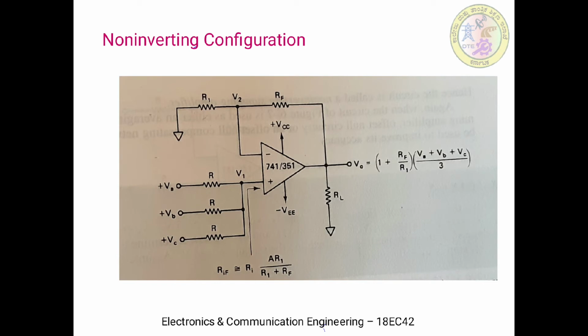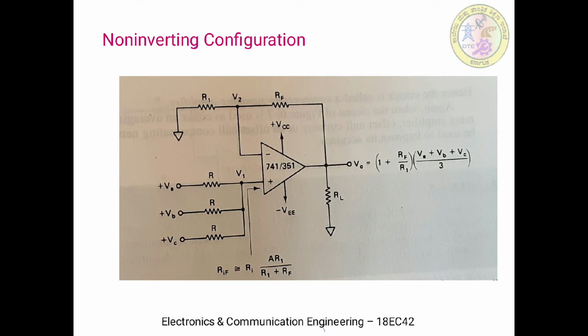So according to this circuit, you can observe again VA, VB, VC, 3 inputs applied through resistors whose values are all considered the same. Here V1 is the voltage at the non-inverting terminal, and V2 is the inverting terminal voltage.